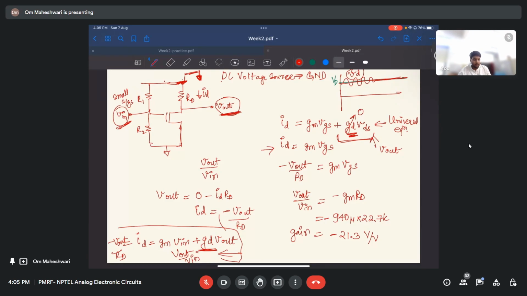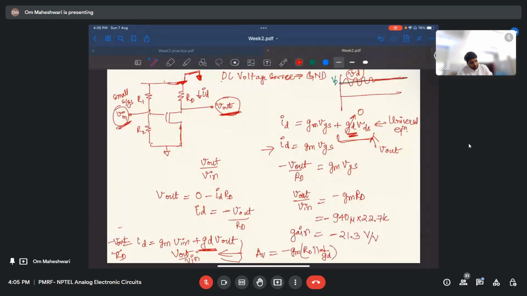Okay, sir. Thank you, sir. But conceptually, we want GD to be as low as possible. If we have this GD, our gain AV will become minus GM times RD parallel with 1 by GD.